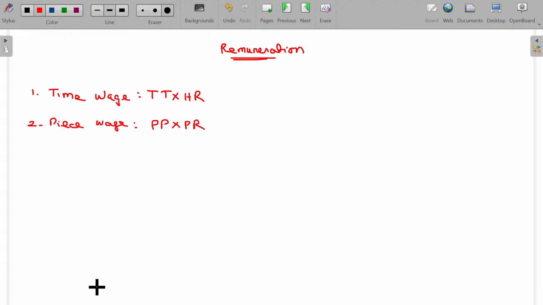But thereafter, some modern management gurus came here and they recommended. The first method recommended here is by Taylor: the differential piece rate system.